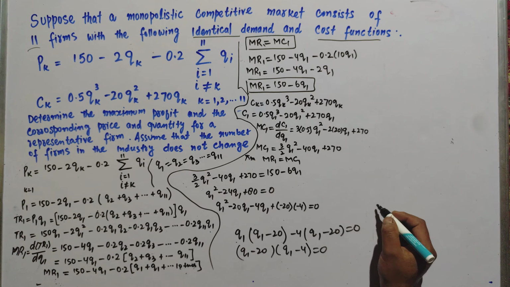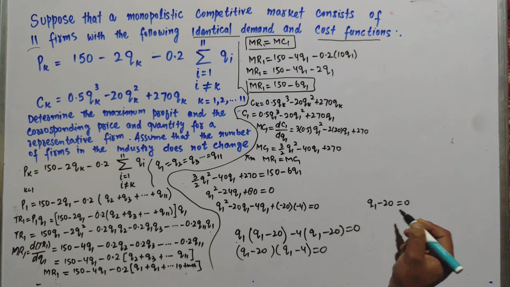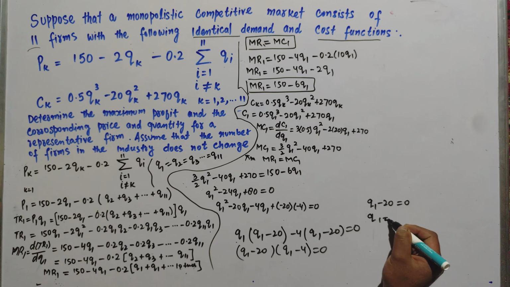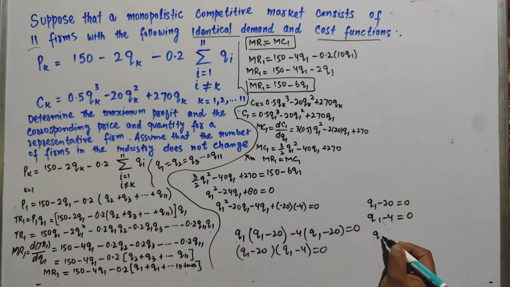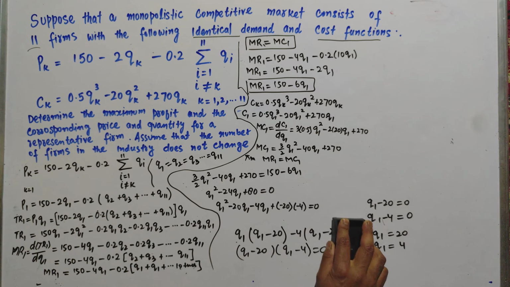It implies either q1 minus 20 is equal to 0 or q1 minus 4 is equal to 0, which means q1 is equal to 20 and q1 is equal to 4. Okay, so we got two values of output here.